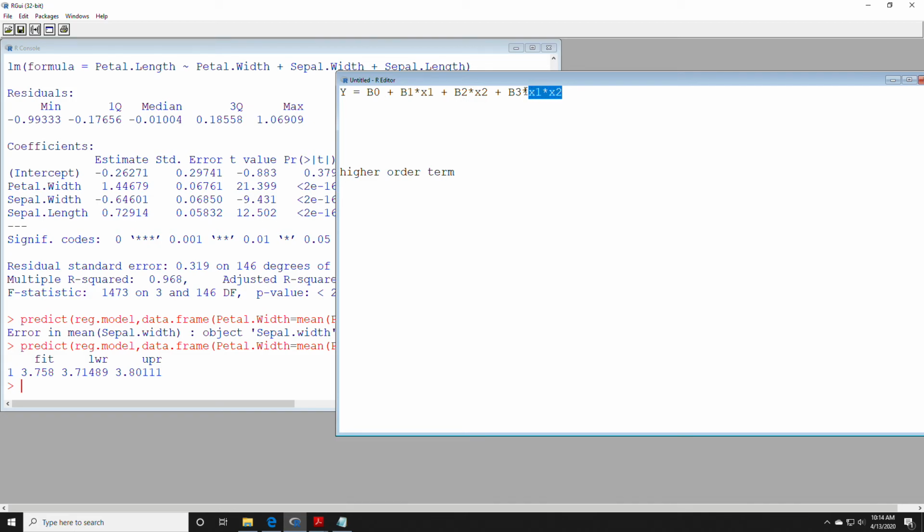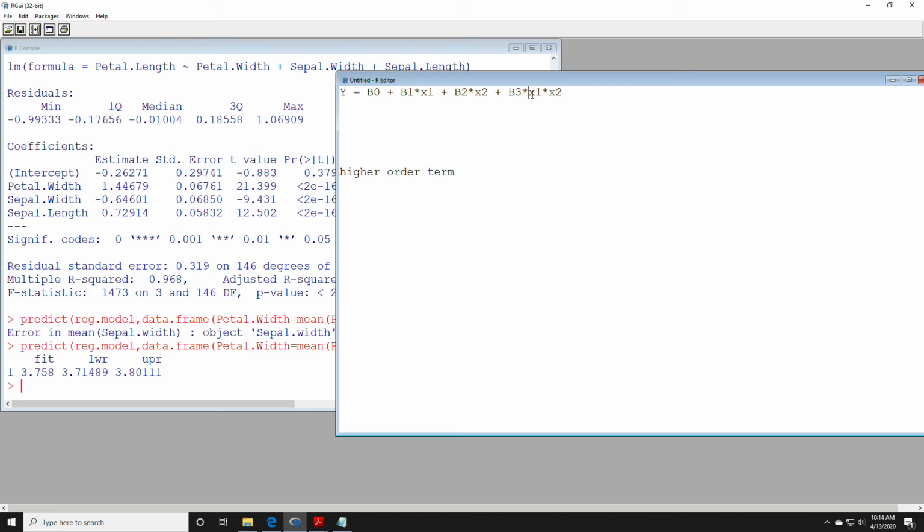So this is called an interaction. What we have is beta 1 times x1 plus beta 2 times x2 plus beta 3, some new regression coefficient, times x1 times x2. This is just another very common example of a higher order term.